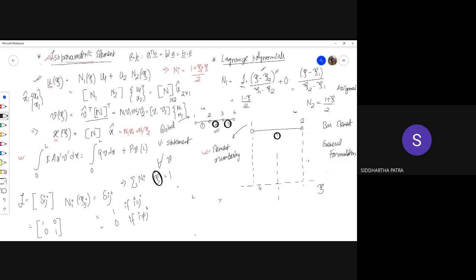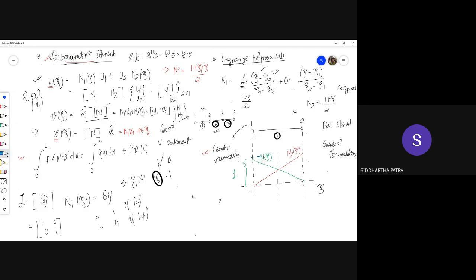So you see, this one is your xi coordinate, and this value is -1, and this value is 1. This green line is your N1 of xi, which has a value of unity at node 1. And this red line is your N2 of xi.